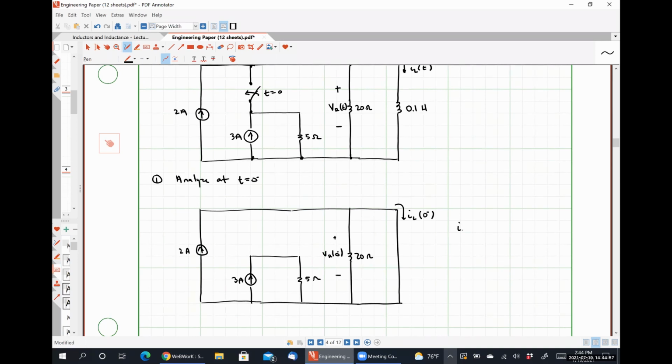So how could we solve for either of these quantities? Anybody have any suggestions? Would IL at 0 minus just be 2 amps? 2 amps, exactly right. So all 2 amps from that leftmost source will flow through the short circuit that is representing the inductance.